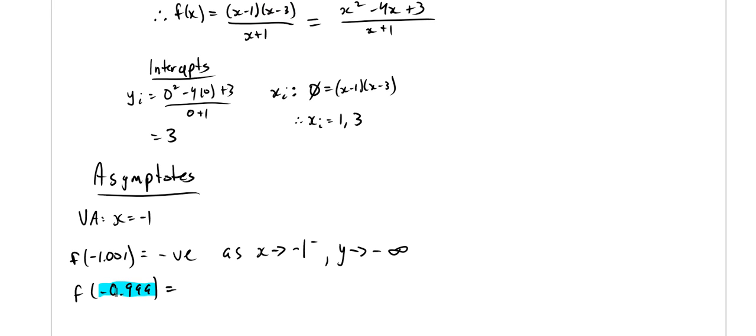I've crossed over to the other side of that value, so -0.9999 is bigger than -1, so when I add 1, it's going to be a little bit positive. So that's going to be positive. As x approaches -1 from the right, y goes to positive infinity.